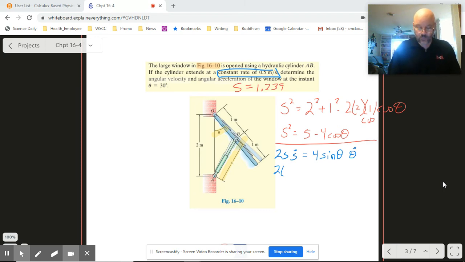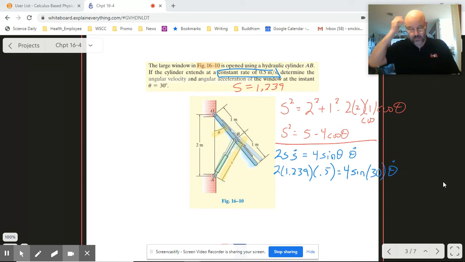Okay, now I'm going to go back to my calculations. So s is 1.239. s dot is 0.5, and that's equal to 4 sine of 30 degrees times my theta dot. Okay, then I just got to solve for theta dot. So let's do that.